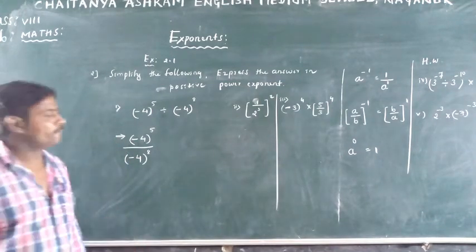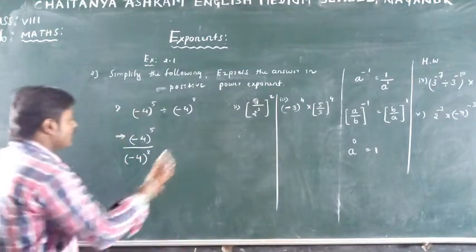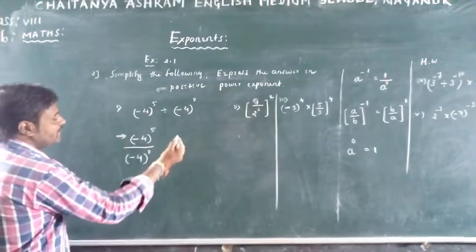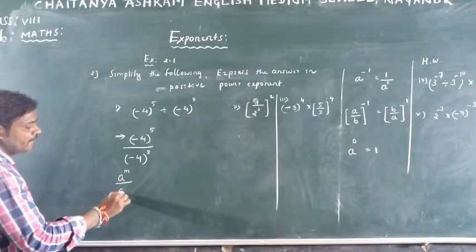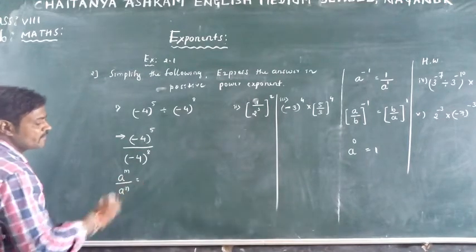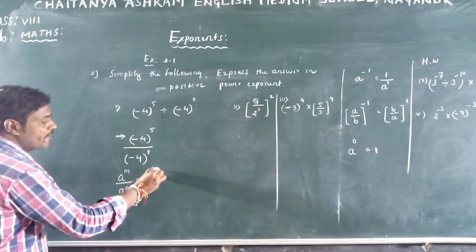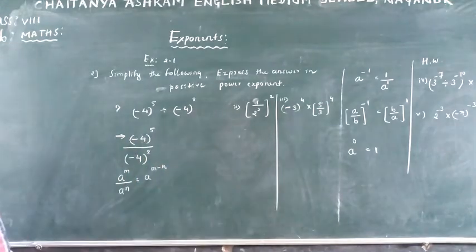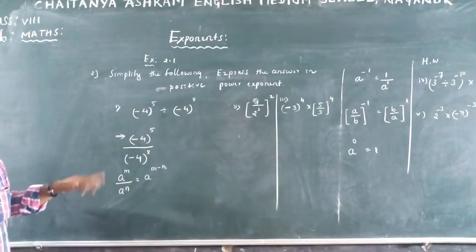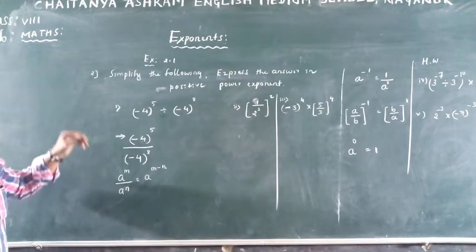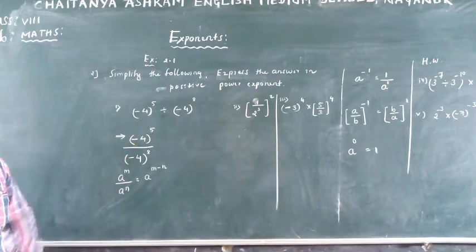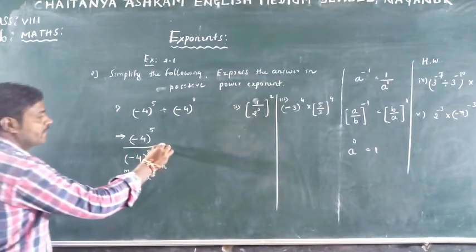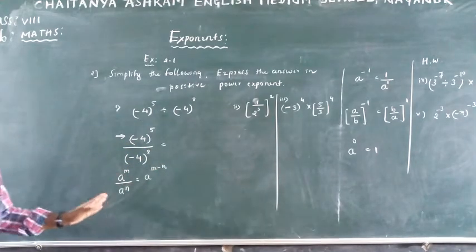So use that law. What is that law? a raised to m divided by a raised to n equals a raised to m minus n. So by using this second law, we can simplify division of these two exponents. Let's apply the second law.